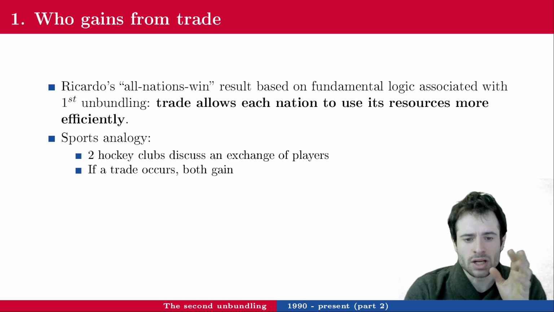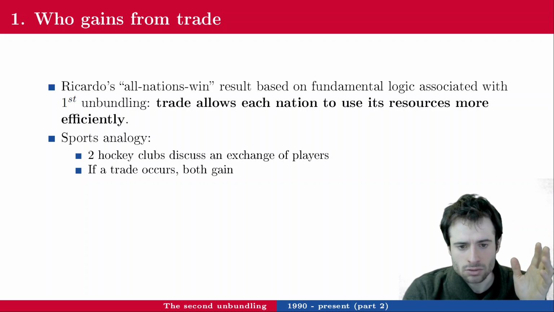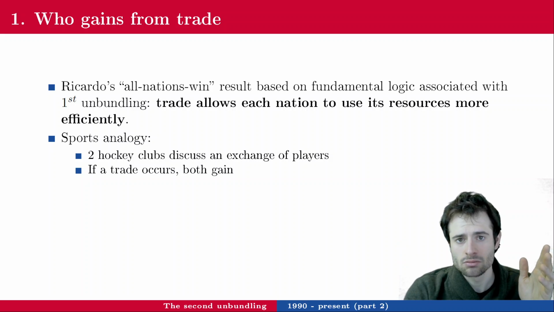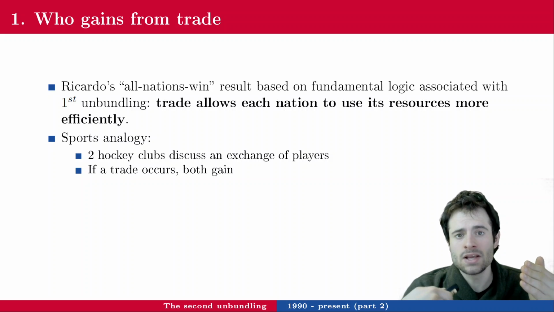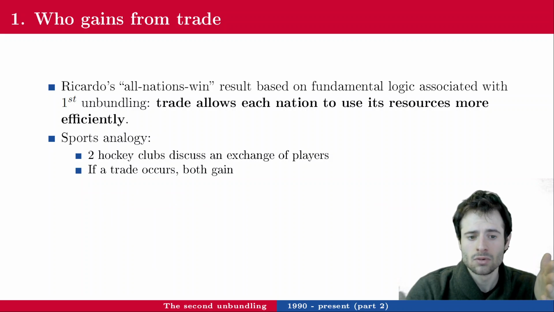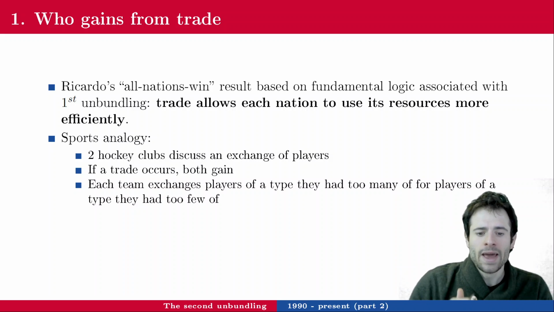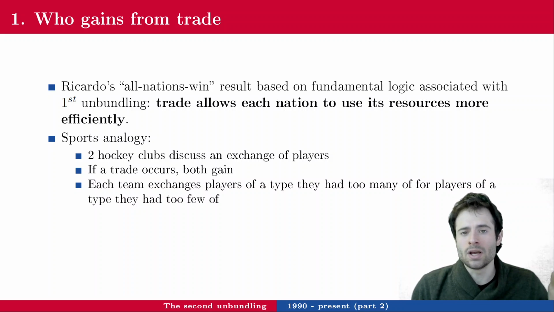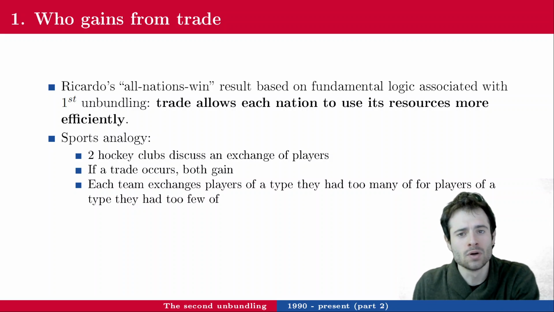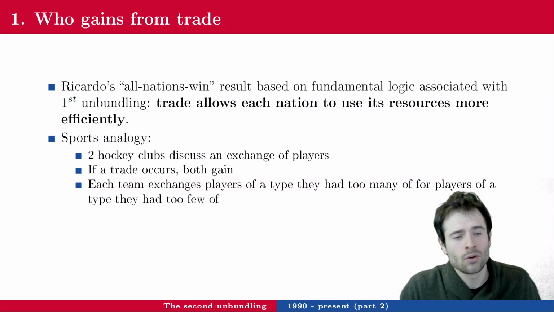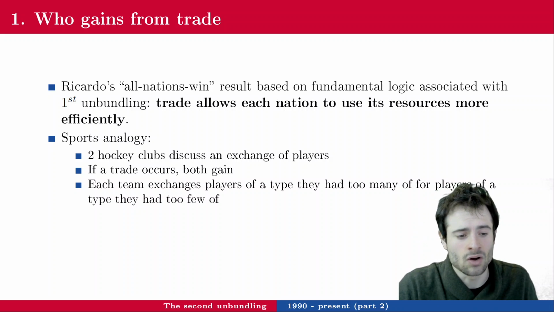There's a sports analogy here. Think about two hockey clubs. We discuss an exchange of players. The exchange will be based on what each team needs and what they don't need. So they might exchange players of a type they have too many of. I only need one or two guys to score the goal. I don't know what it's called in hockey.